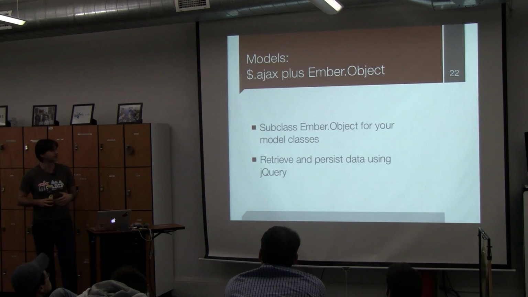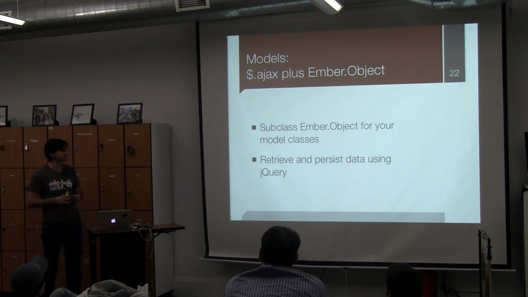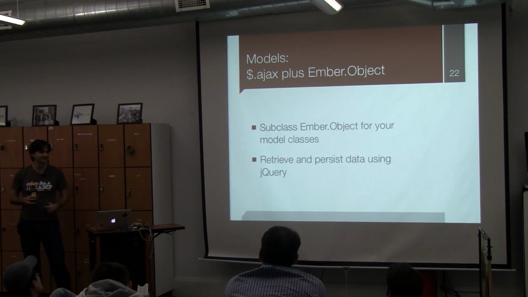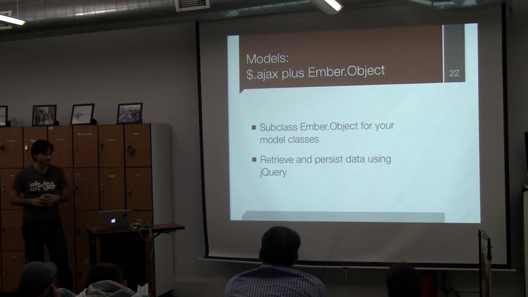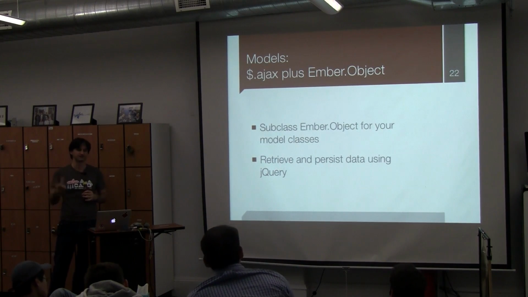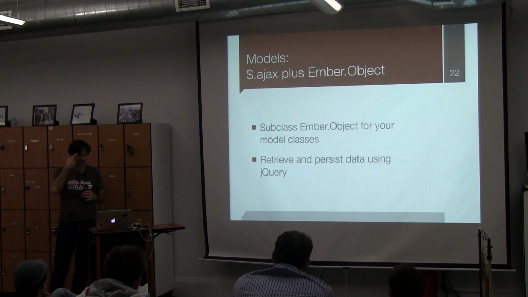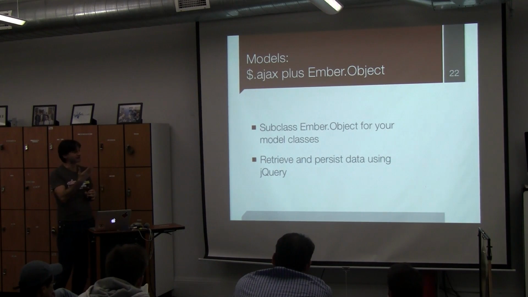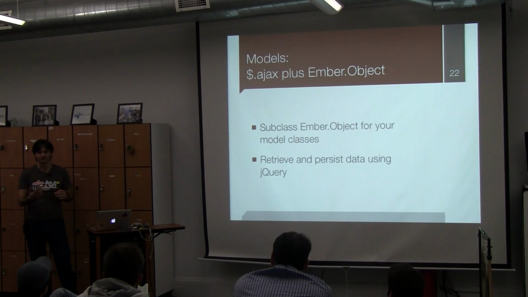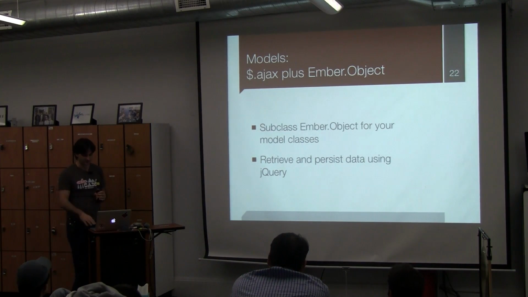So in this approach, you would subclass Ember.Object to define your model classes, and then you would instantiate and set properties in those objects to retrieve data and to persist data, pull that stuff off into JSON, and send it back up to your API. A great example, if you want to see this in action, is the Discourse project that I mentioned earlier. It uses this approach.